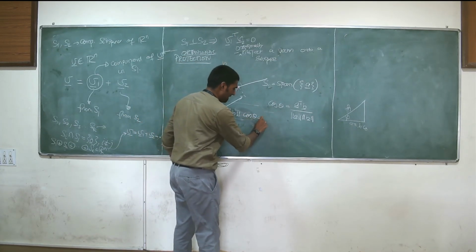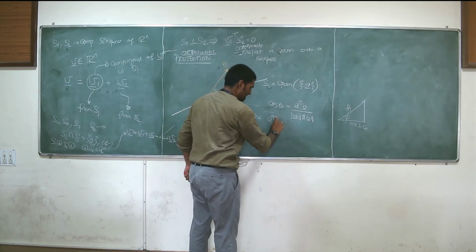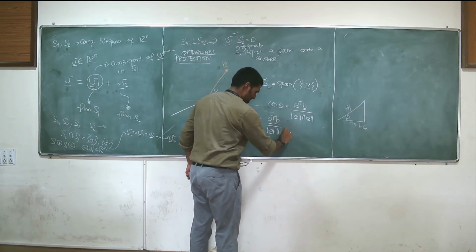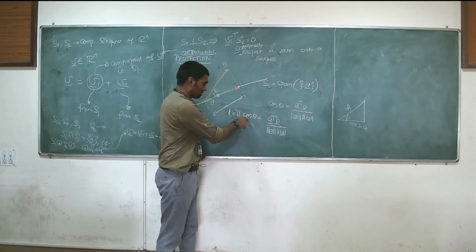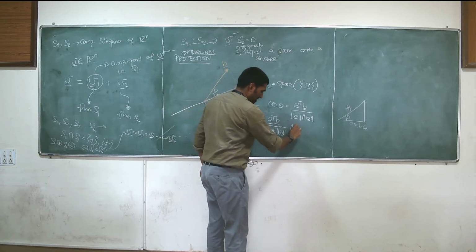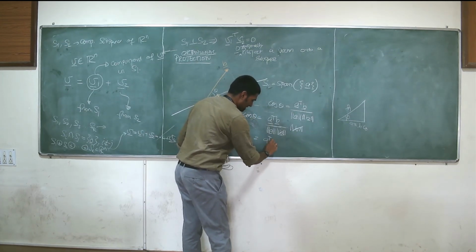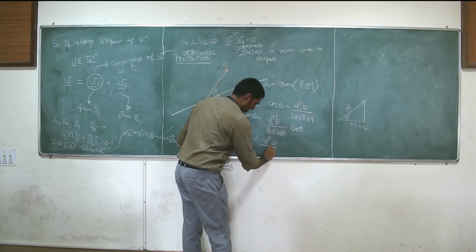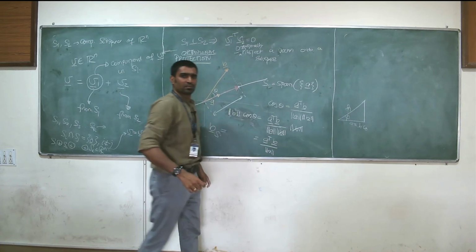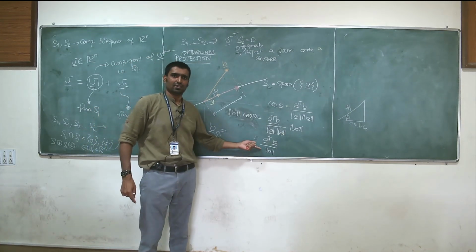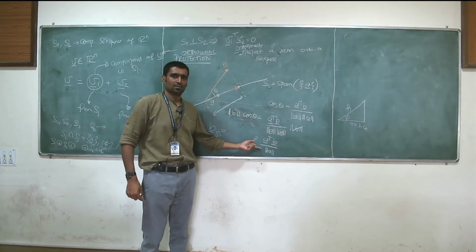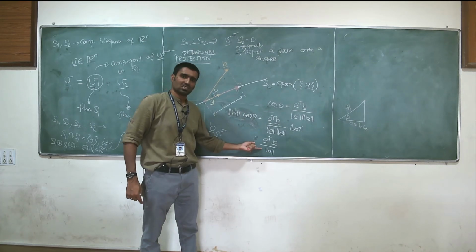That means this length is A transpose B divided by A B. But you've multiplied cos theta by B. So in fact, the length is just this. B cos theta will essentially give you this.